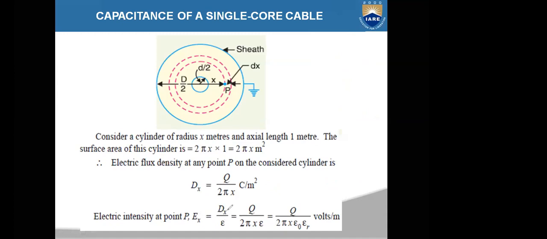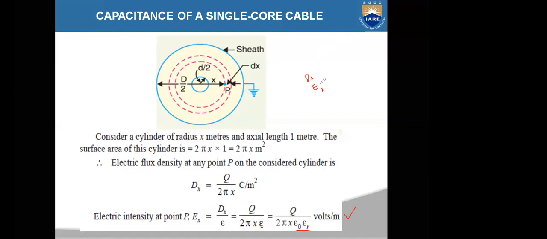In place of Dx you can write Q by 2 pi x, then Ex will be Q by 2 pi x epsilon, and this epsilon can be written as epsilon naught into epsilon r. So this is the electric intensity at a point P. So you got the flux density D and electric field intensity E, at a distance x meters.